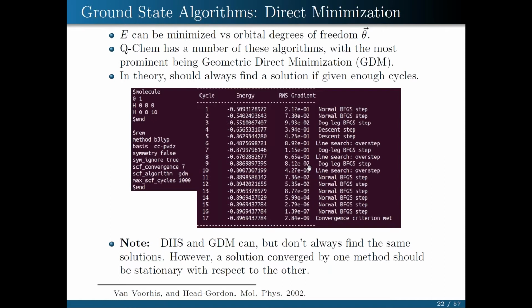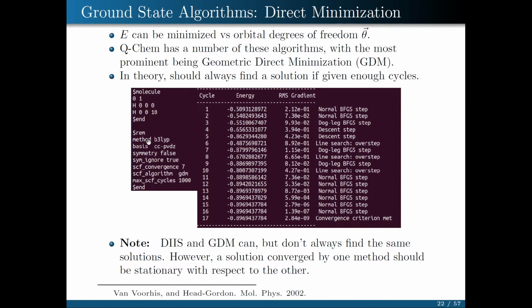And the best way to do this kind of thing is via direct minimization of energy, in which the energy E is explicitly minimized via taking gradients, second derivatives, or things of that nature, versus the orbital degrees of freedom, theta. QChem has a number of these algorithms, but the most prominent of these is the geometric direct minimization, or GDM, developed by Troy Van Voorhis and Martin Head-Gordon back in 2002.